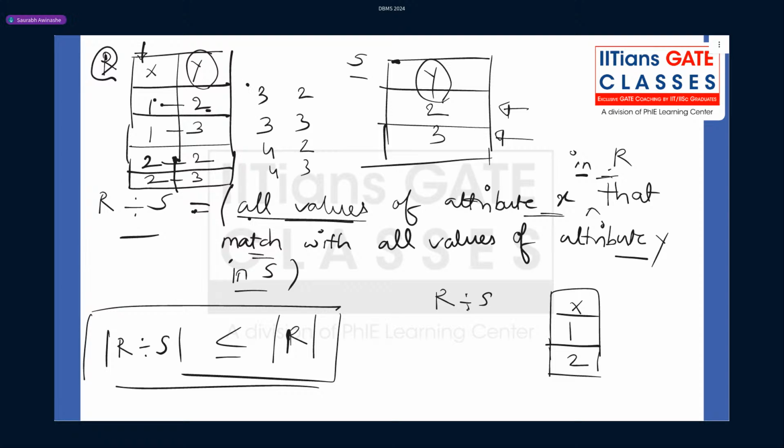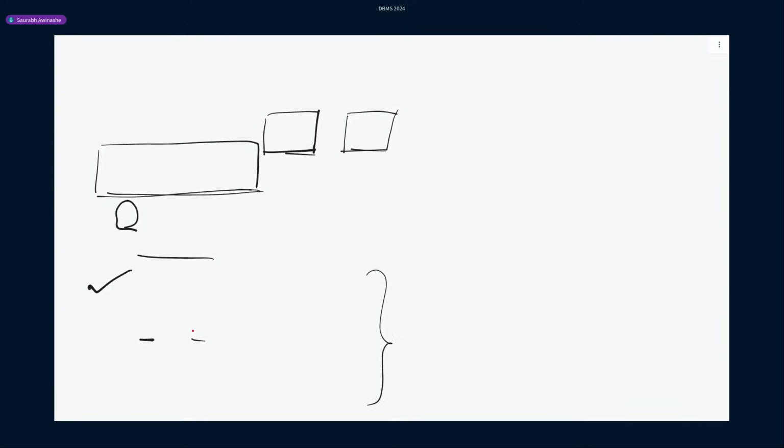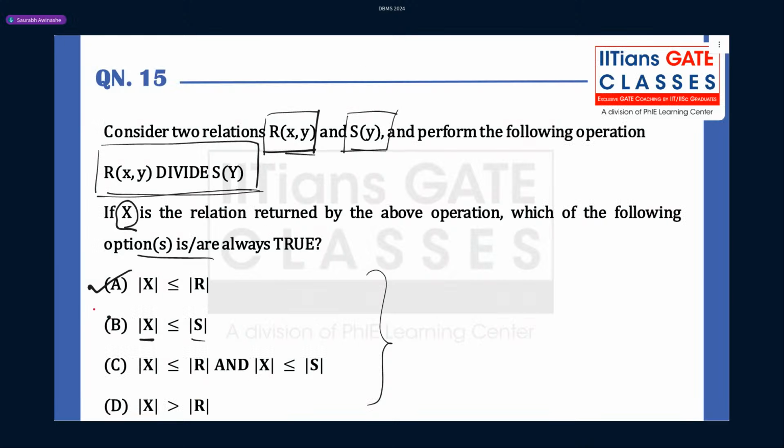In the relation R. So in that case, our output would be extended, right? We would have 3 and 4 as well. So that gives us a cardinality of 4, which is greater than the cardinality of S. So we have come up with an example that negates this. So this one is wrong.